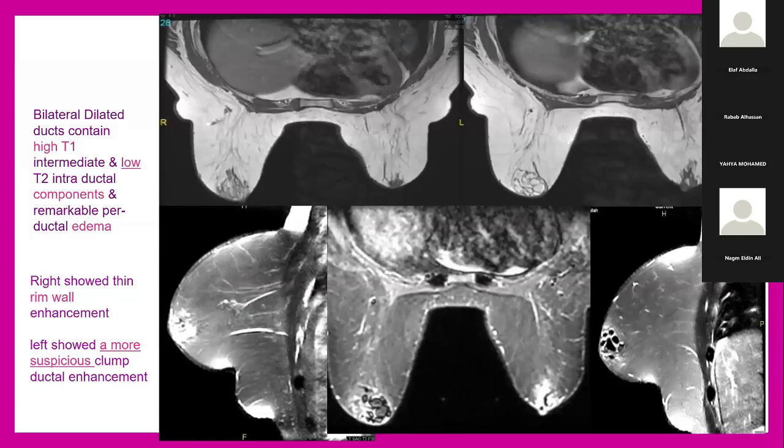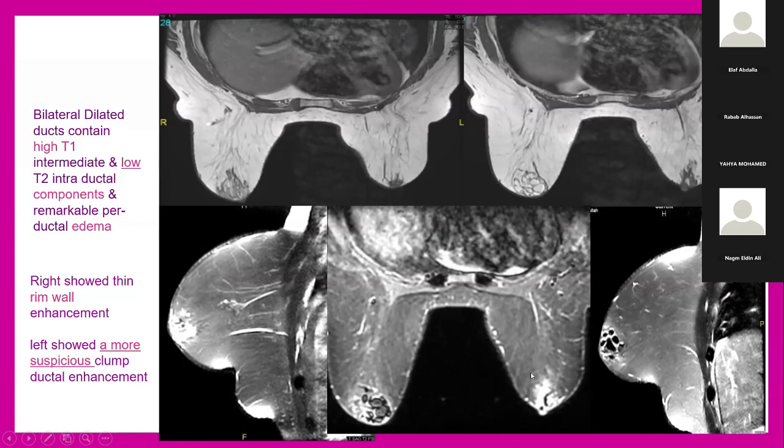We proceeded to MRI, and the MRI confirmed the bilateral ductectasia with high T1 intraductal component on the right side, following the mammography appearance, and intermediate to low density on the left side.